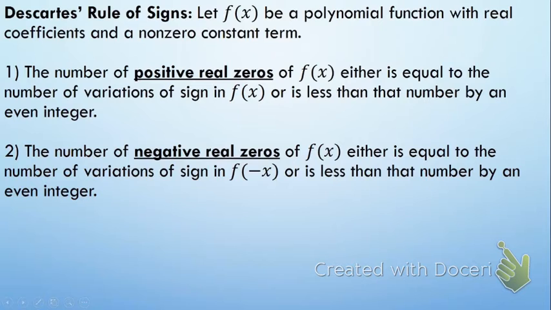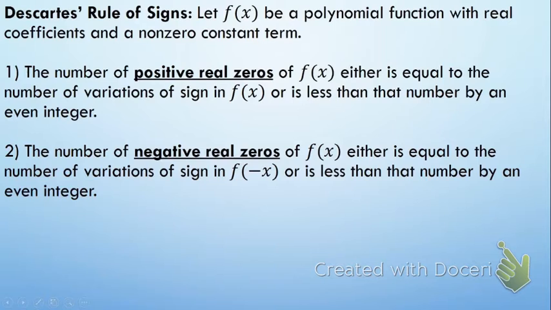And then it goes back to being a positive, that's another sign change. I'm going to count how many times the sign changes. Whatever I come up with, that's the maximum number of positive real zeros we could have. Or it could be less than that by a number that is an even integer.